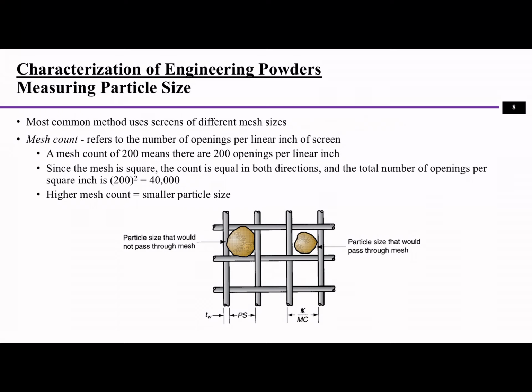So in this whole square inch of 200 by 200 openings, you can find out how many particles it can hold. For this one, it will be 40,000 particles. If one square inch can hold more particles, the particle size is actually smaller. You can see the comparison in the picture here.